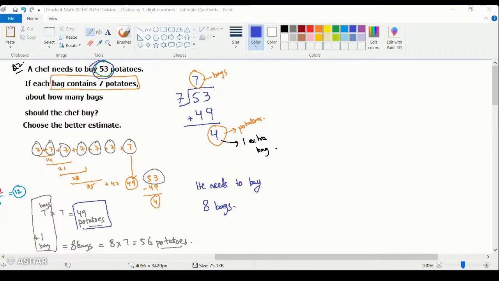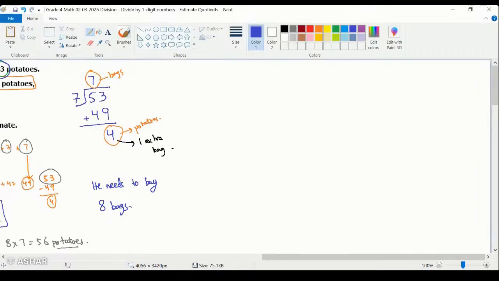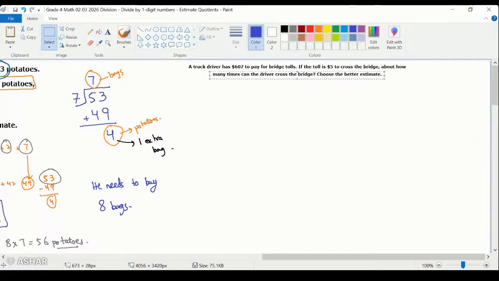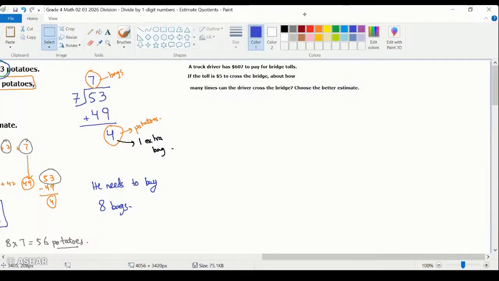A truck driver has $600 to pay for a bridge toll. Okay, 1 minute. Bridge tax. Just a minute. If the toll is $5 to cross the bridge, how many times can he cross the bridge?